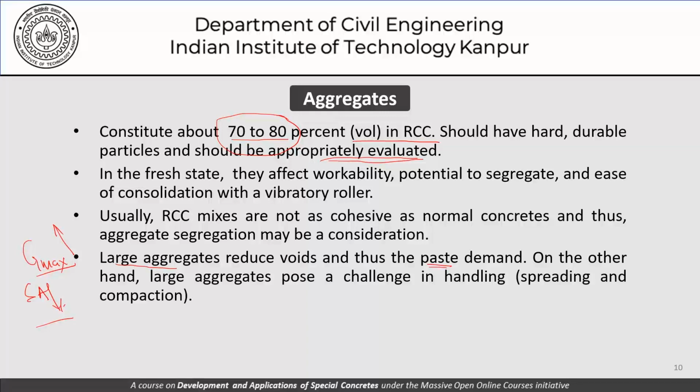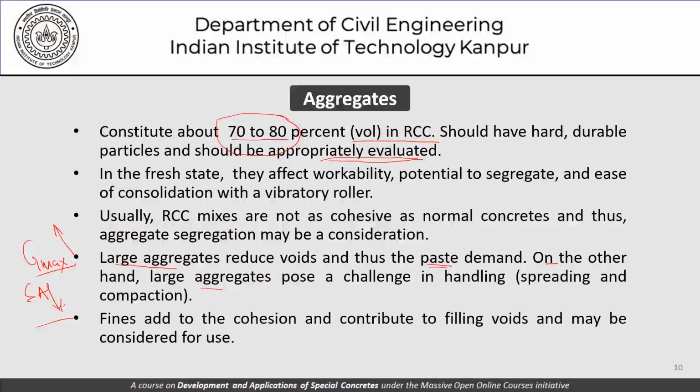On the other hand, larger aggregates pose a challenge in handling, that is, spreading and compaction of concretes, and fines add to the cohesion and contribute to filling the voids and should be considered for use. So obviously the fines are also a part of the whole mix design that we do for roller compacted concretes.